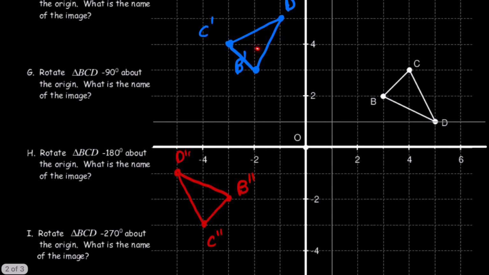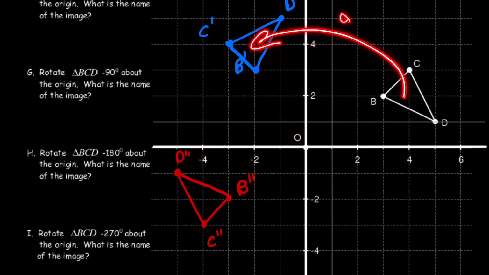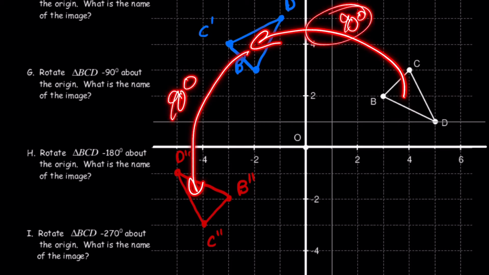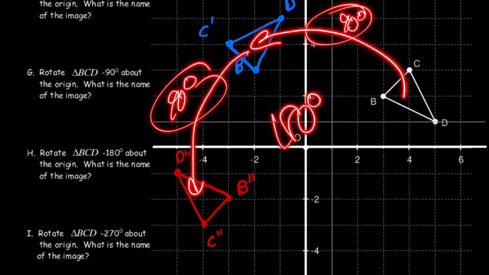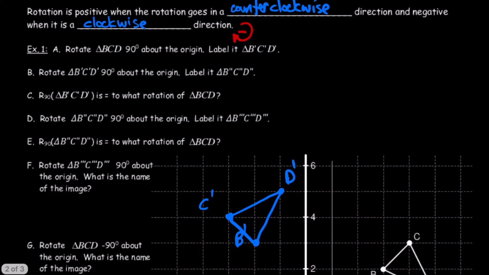So going 90 degrees from here to here is equal to what rotation of this one to here? I think you guys can probably figure this out, right? Rotating to there is 90. And I take that one, rotate again 90. So together, that's going to be 180 degrees in one shot all the way around. Okay, so it'd be 180.